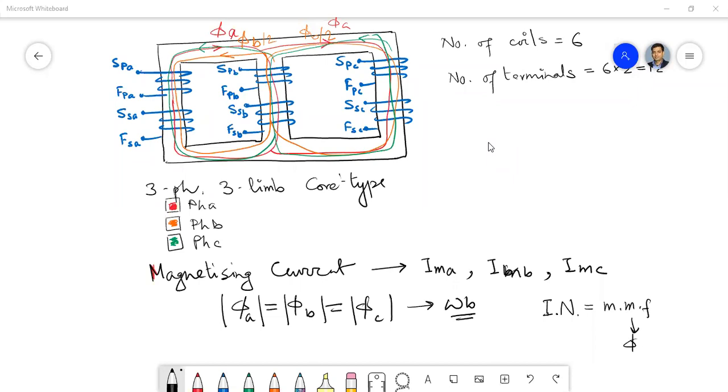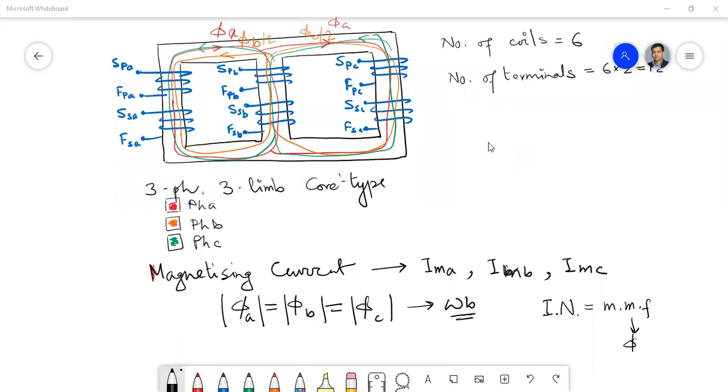Have you observed this? এই জিনিসটা লক্ষ্য করেছো যে বি ফেজের রেসপেক্টে দুটো লিম্বই একই ডিস্টেন্সে আছে, কিন্তু এটা এ বা সি ফেজের লিম্বের জন্য নেই. Okay, so that means for B phase the magnetic potential drop is less compared to the other two phases.